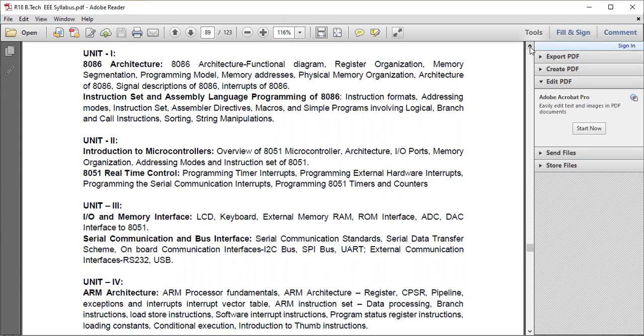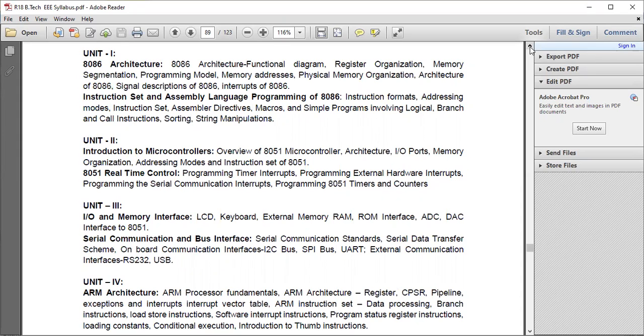First unit, second part is completely about assembly language programming. This assembly language programming you will execute in your microprocessor and microcontrollers lab. You will have some programs like addition, arithmetic operations or logical operations, or sorting, or searching a character or a string.